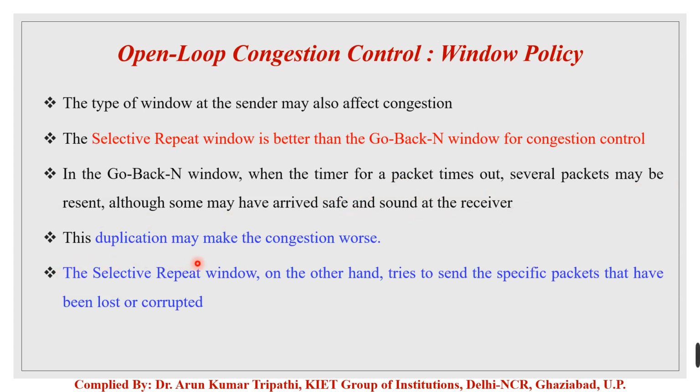The duplication may make the congestion worse. The selective repeat window, on the other hand, tries to send the specific packet that has been lost or corrupted. So the better policy is selective repeat rather than go back N ARQ.